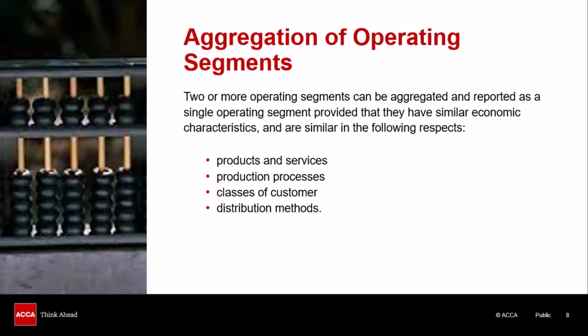Either they're producing the same products or providing the same services, they have the same production process, or they have the same classes of customers, they have the same distribution methods. This is going to be key when it comes to reportable segments. You can actually aggregate, you can bring together 2 or more operating segments that have similar economic risk. Then you present it or you report on it as one segment.